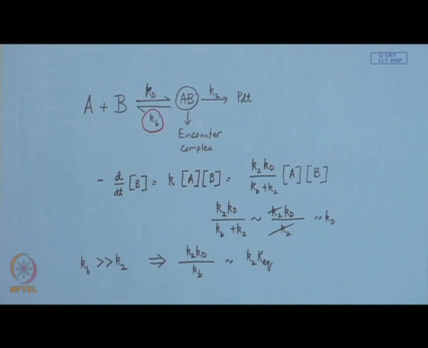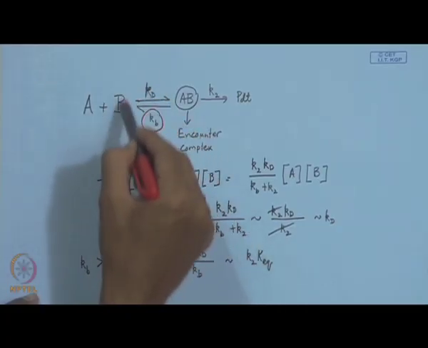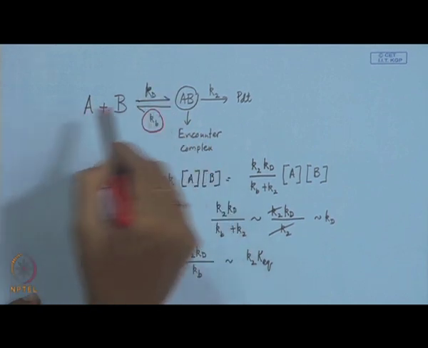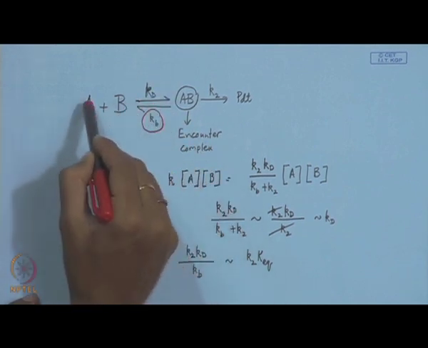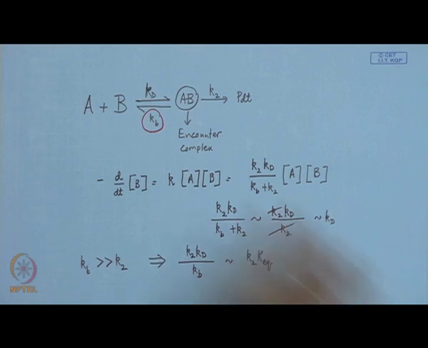So, these two situations are different. In one case it is diffusion limited, in the other case it is not diffusion limited, but a fast equilibrium, a quick equilibration between the reactants A and B and your encounter complex. There is an equilibrium between them.